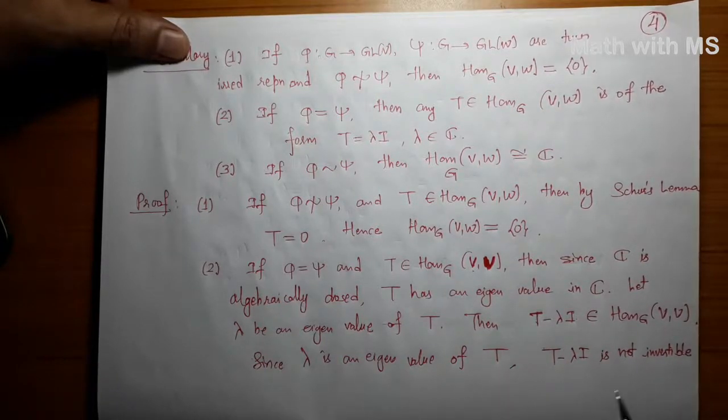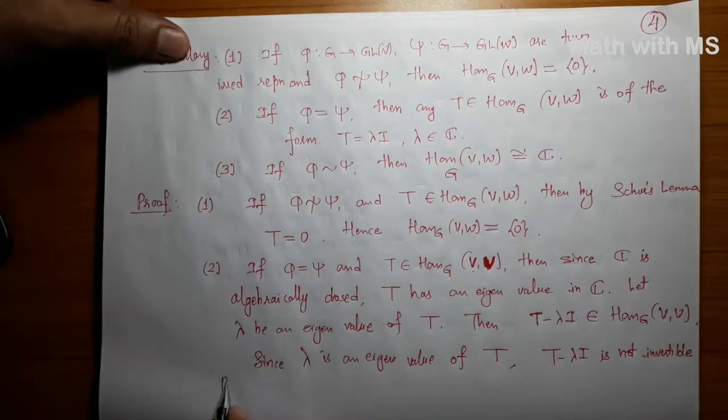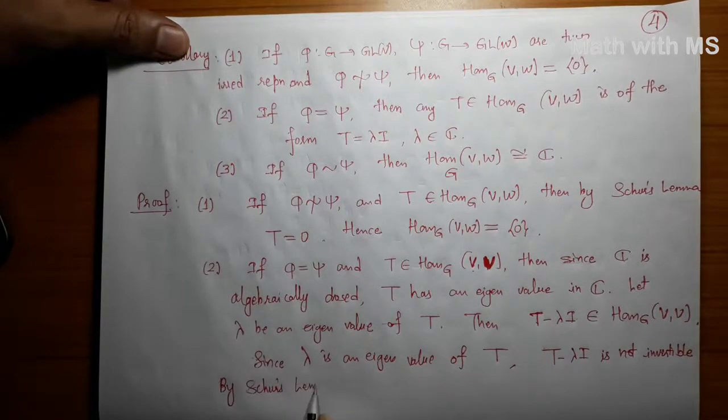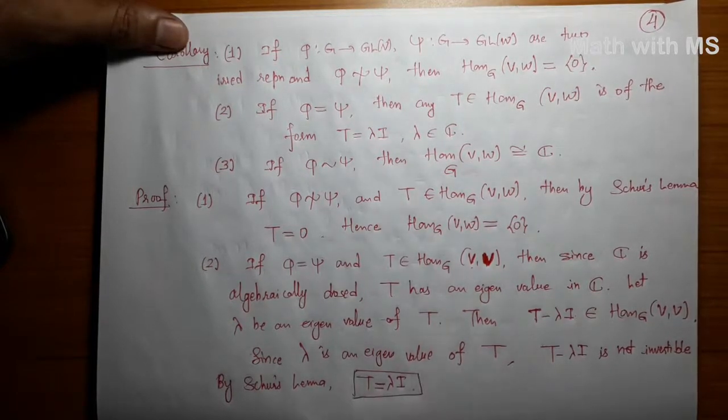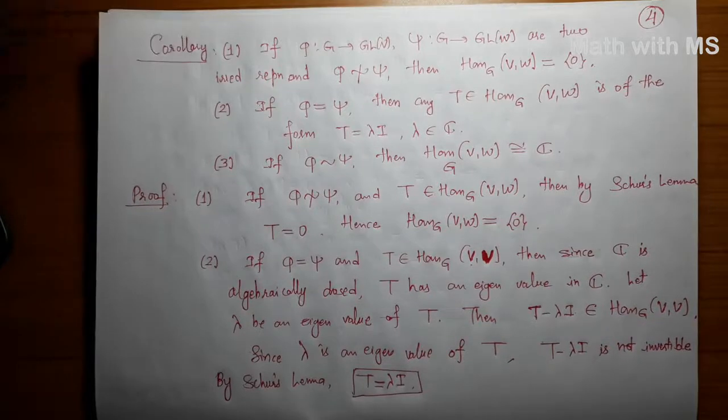Okay, but V is an irreducible representation, and you have a morphism from V to V which is not invertible, so it has to be 0. So by Schur's lemma, T minus lambda I has to be 0, that means T equals lambda I. Okay, so this proves our second assertion.